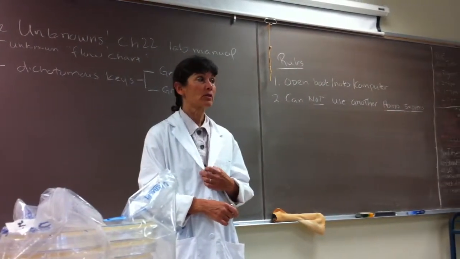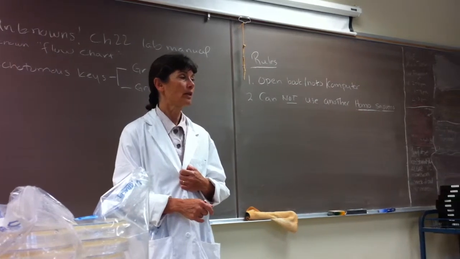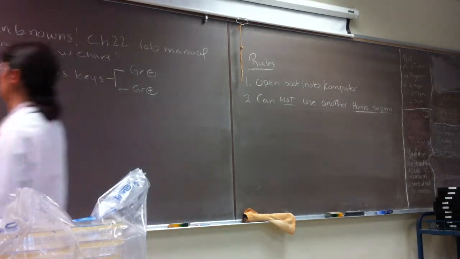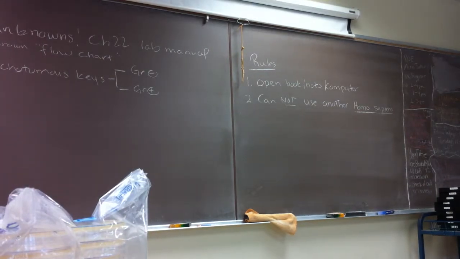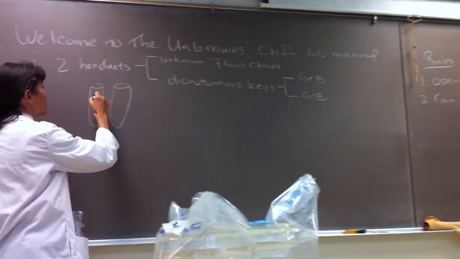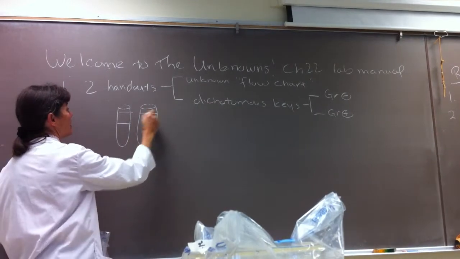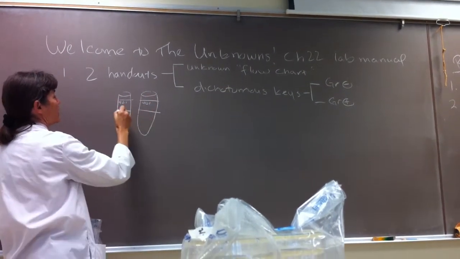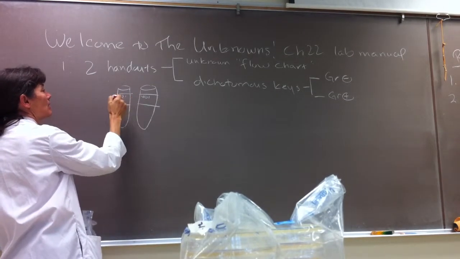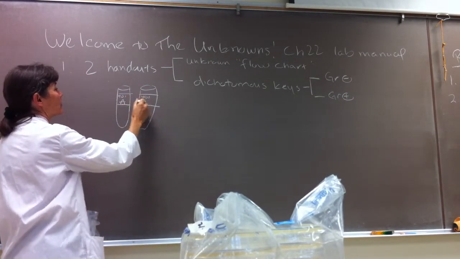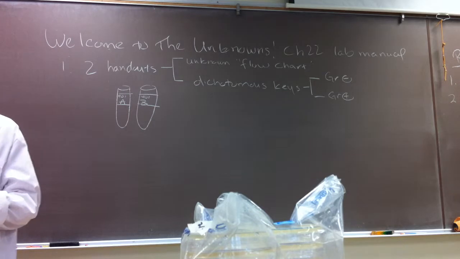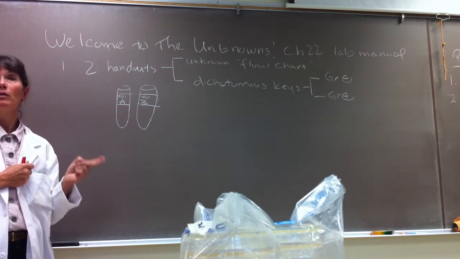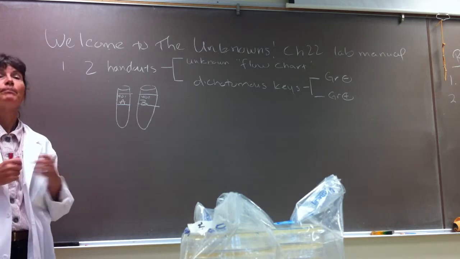The way this procedure is going to work is that each of you will get a matched pair of unknowns. And what I mean by matched pair, each of the broth tubes will have the same number. I'll just make this up, you guys. Let's say 401, 401, so we have the same number, but one will be A and one will be B. Now, each of you in these pairs, one of these tubes will be your gram negative and one will be gram positive, but you don't know it, right?